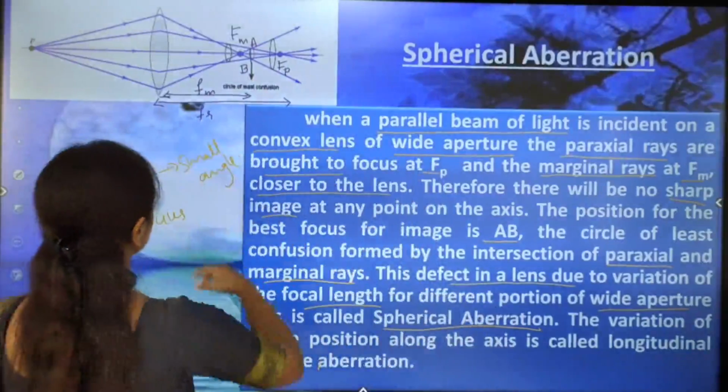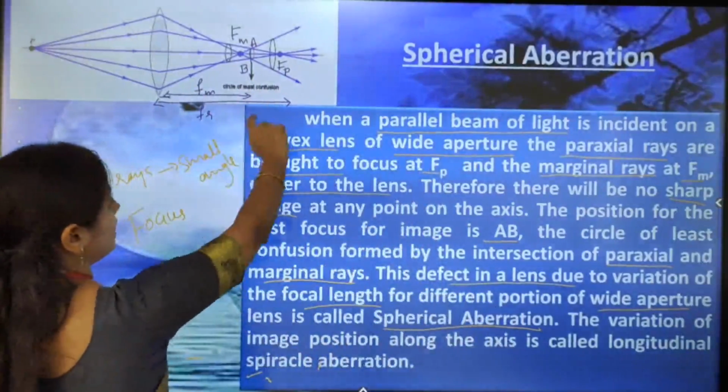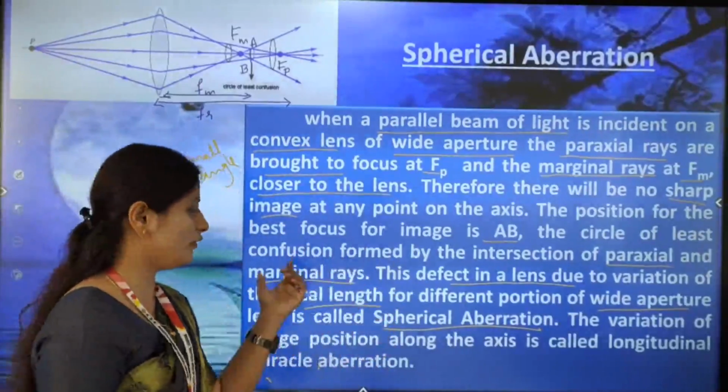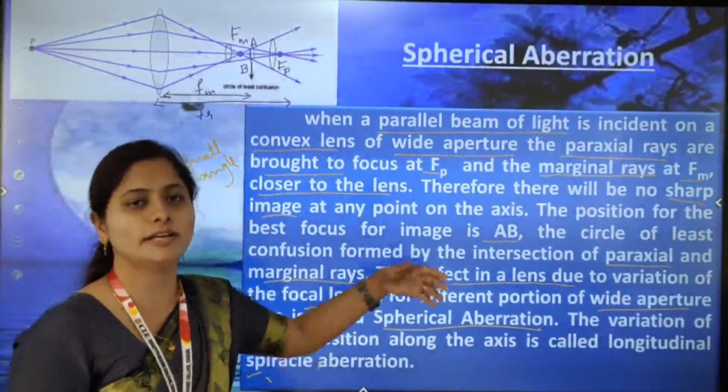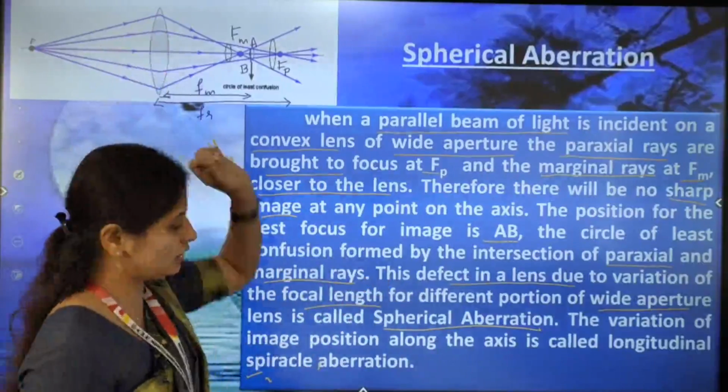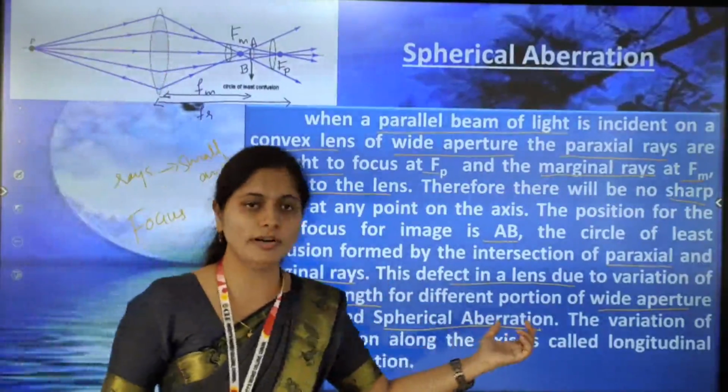See here, one focal length is there, another focal length is there. So the defect produced is a variation of the focal length for the different portions of a wide aperture.